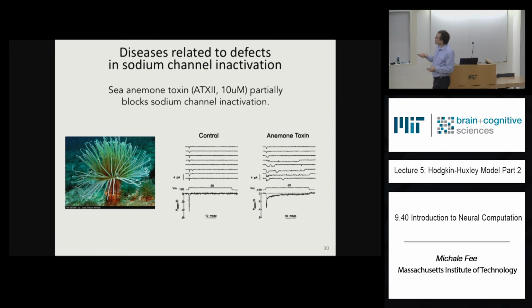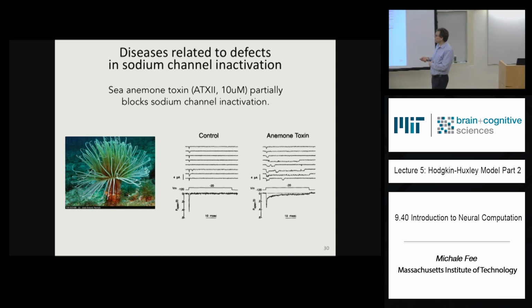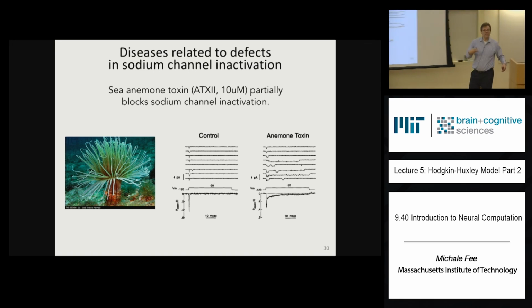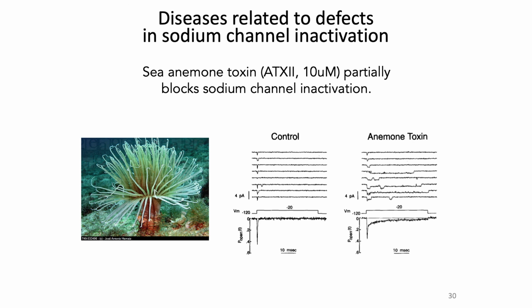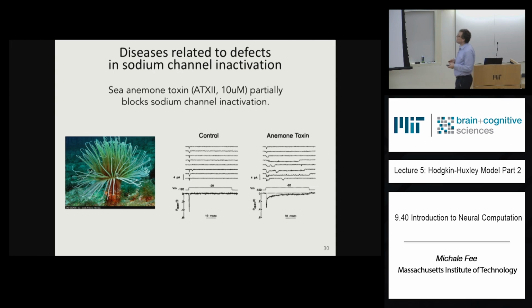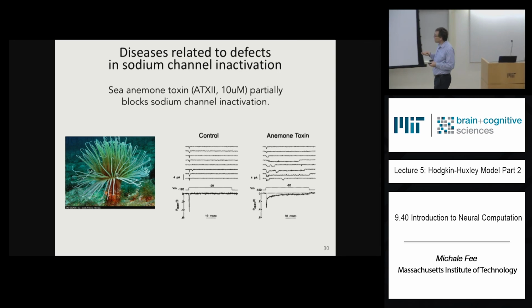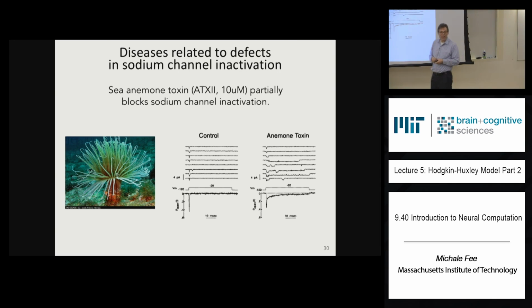Okay, so you can actually study these things in more detail. This shows a set of experiments that were done in rat fast twitch muscle. This shows a control, and this shows a muscle fiber that's been treated with a toxin that comes from the sea anemone, which uses this toxin to actually help catch prey.